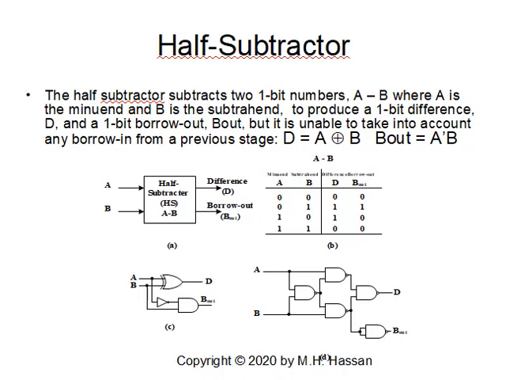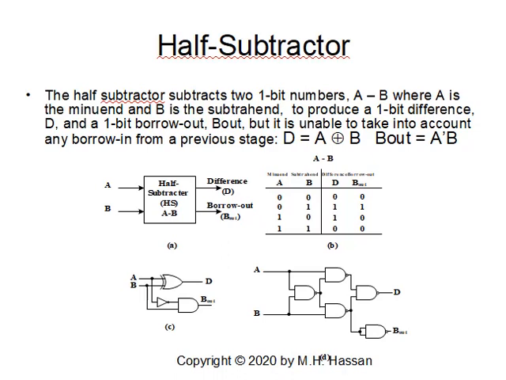The simplest subtractor is a half subtractor. A half subtractor subtracts 2 one-bit numbers, a minus b, to produce a 1-bit difference d and a 1-bit borrow out, which is b out.